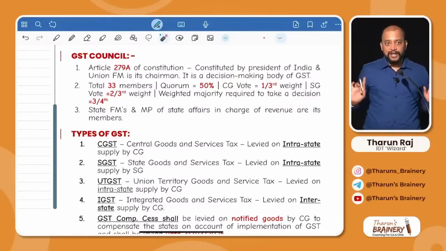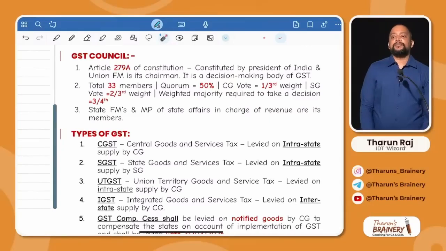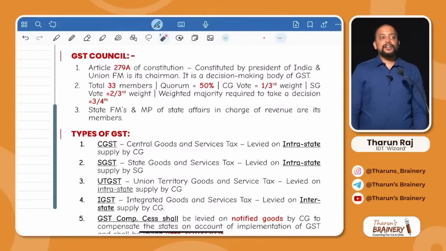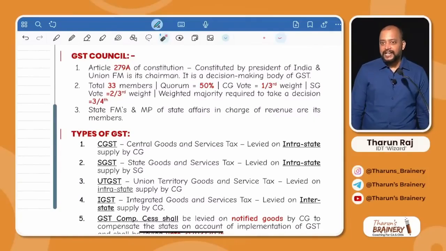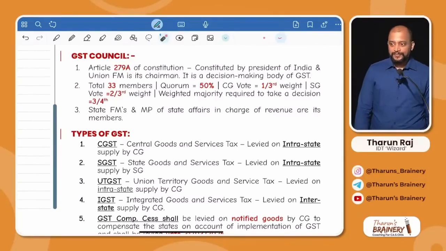Reality, you read and tell me. What is the weightage of vote of central government? Weight of vote of central government, how much? 1/3. What is the weight of vote of state government? Means who is having more weight? You understood? Then anything that happens, definitely we cannot blame only one government. Whom we should blame more?